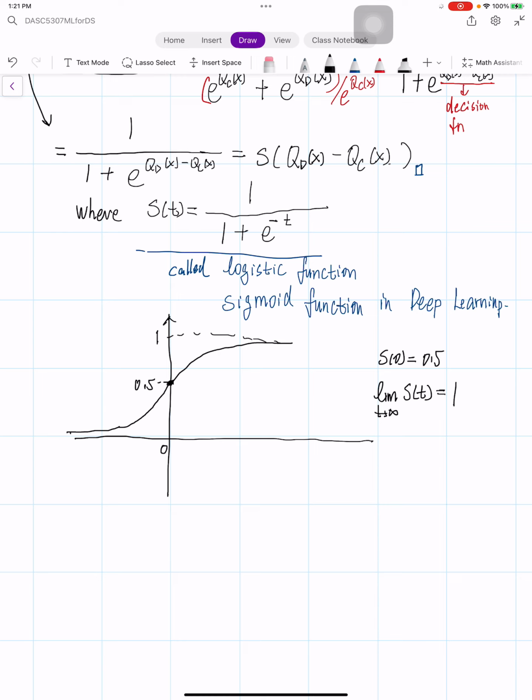And when t goes to negative infinity, the logistic function goes to 0.